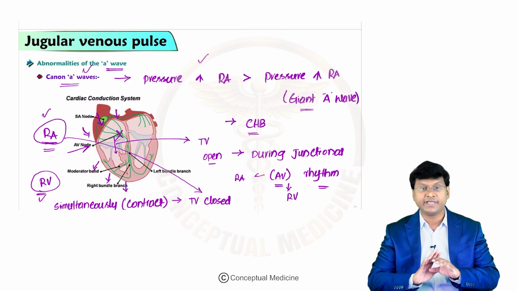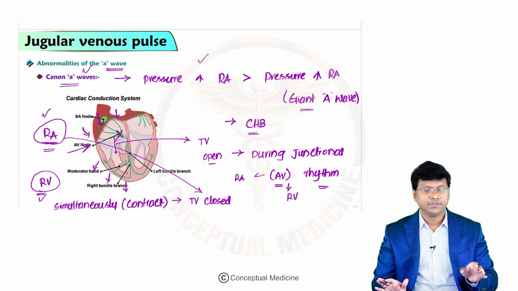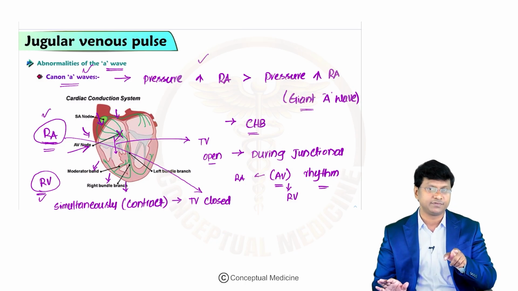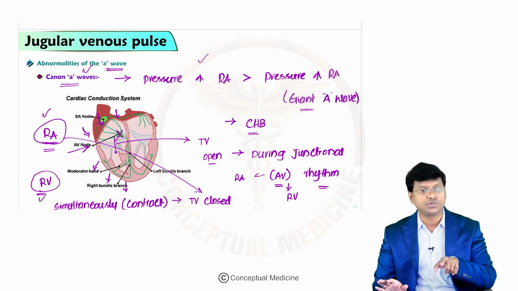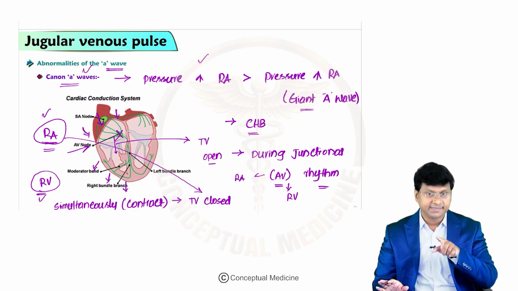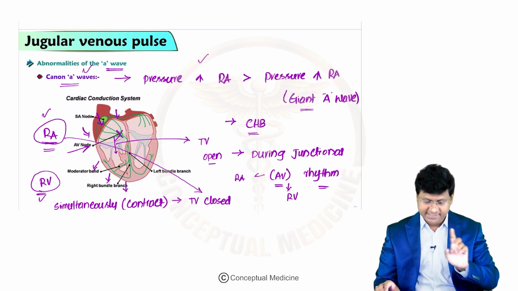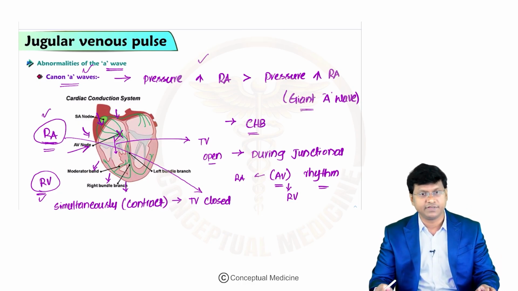That means both of them contract simultaneously. So when both of them contract simultaneously, the pressure rise within the right ventricle will close the tricuspid valve. So the right atrium has to contract against the closed tricuspid valve. Thereby the pressure rise within the right atrium is so high, resulting in what is called the Cannon A wave.